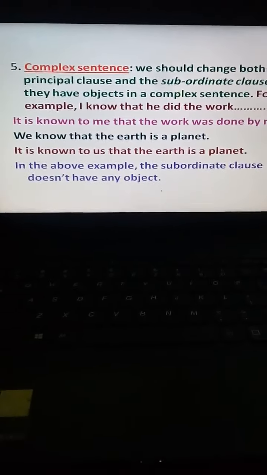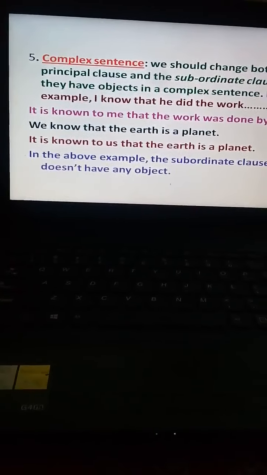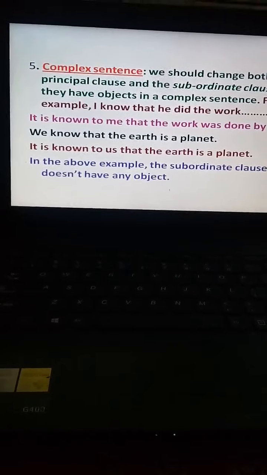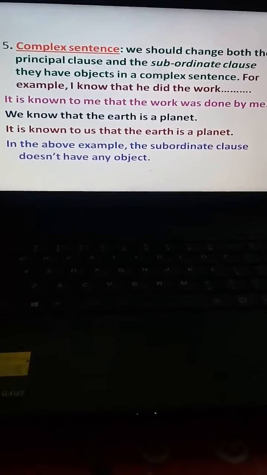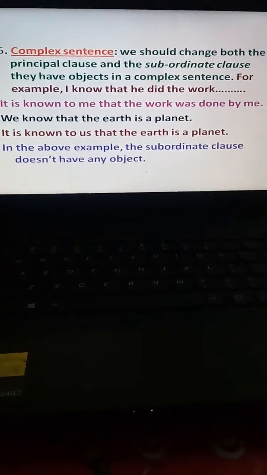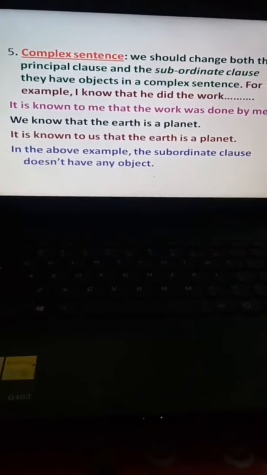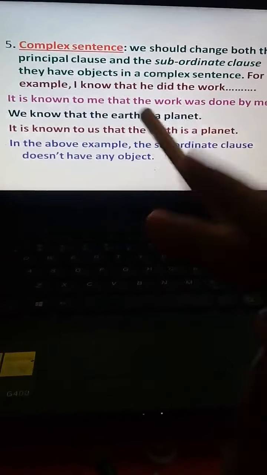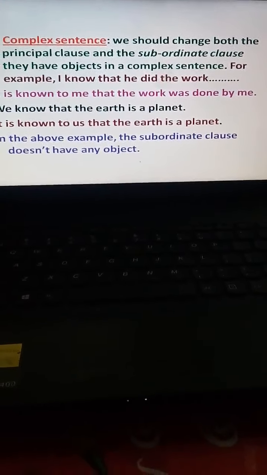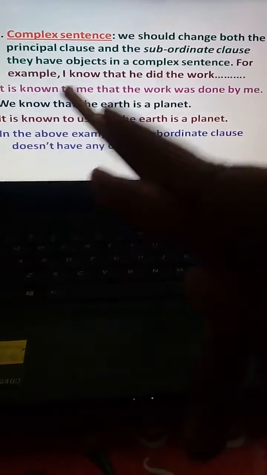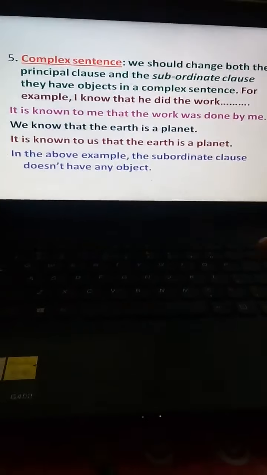Now I'll talk about complex sentences. Complex sentences have two or more clauses. One is the principal clause and the others are one or more subordinate clauses. In that case, if both of the clauses have objects, both of the clauses should be changed into passive form.